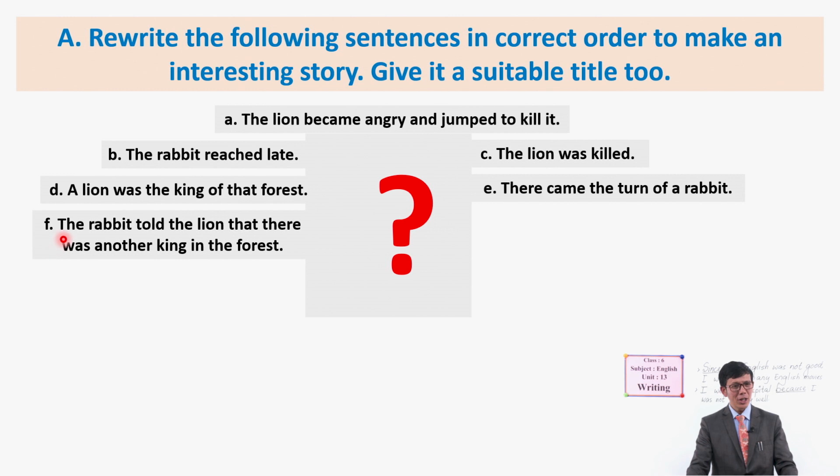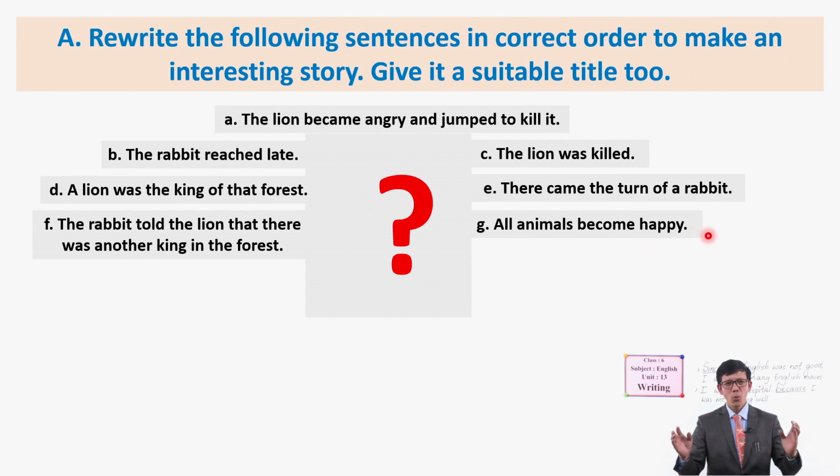And what do you think? All animals became happy. Why did all animals become happy? So now you can simply connect and see which sentence comes after this, or which sentence comes earlier.